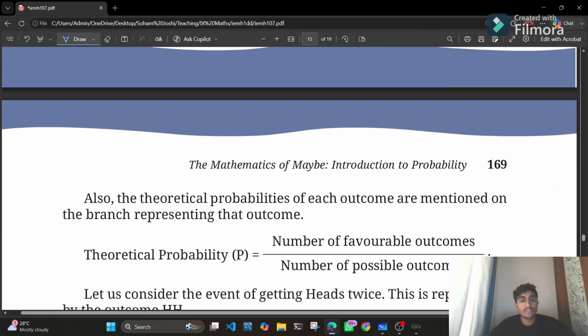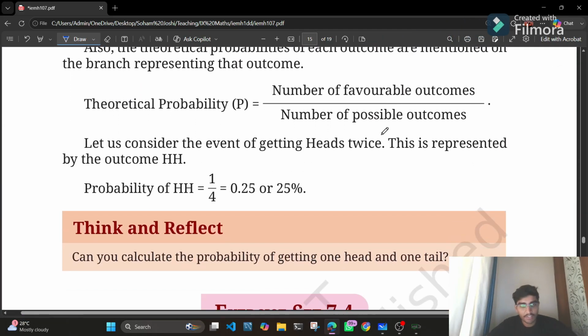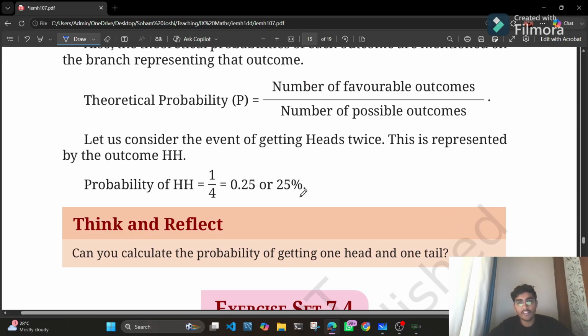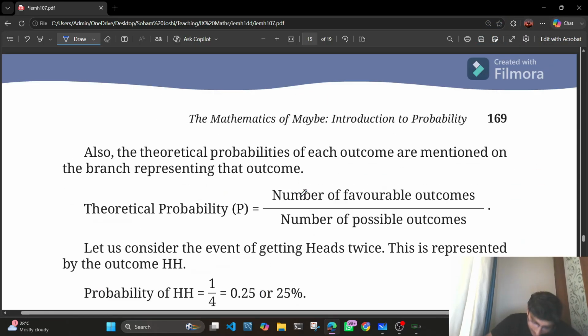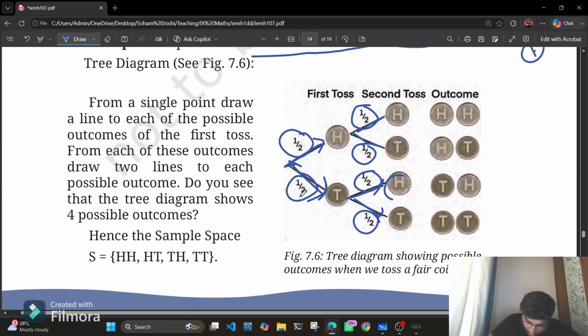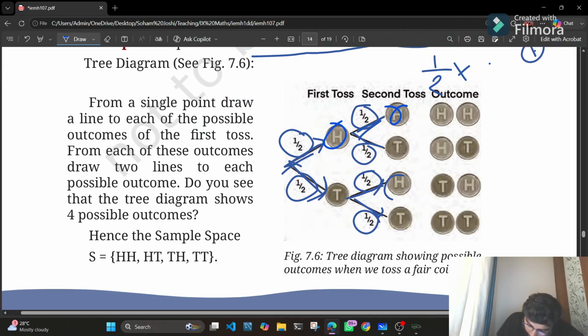So if I consider an event of getting heads twice, the first probability was 1/2, so 1/2 into the second probability, again 1/2. So basically I want heads and heads, right? So that is equal to 1/4.